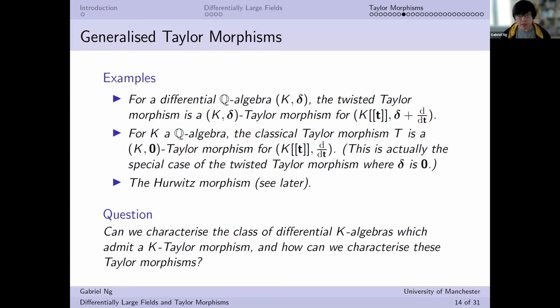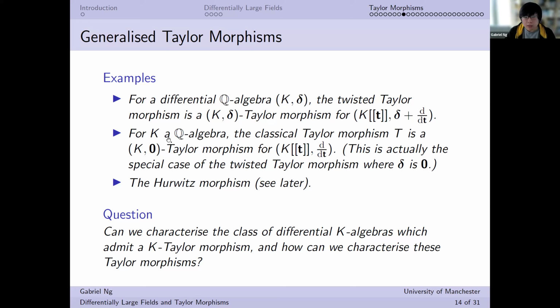Okay, and some examples. Everything we've seen so far is an example of a Taylor morphism in this generalized setting. Firstly, we take a differential Q-algebra (K, δ). The twisted Taylor morphism that we saw before is a (K, δ)-Taylor morphism for this differential K-algebra K[[T]] with δ + d/dt.